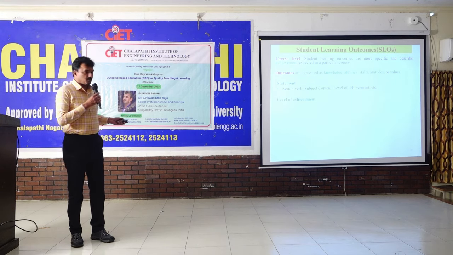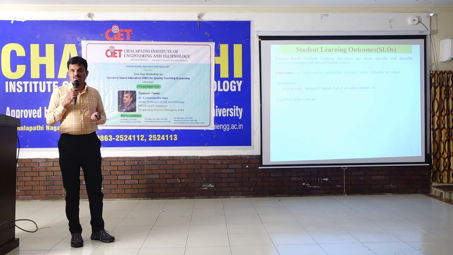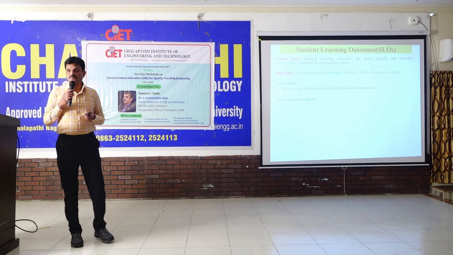Level of achievement means I can decide the category of degree also, whether it is a diploma, UG or PG. Do you know what is the difference between UG and PG?